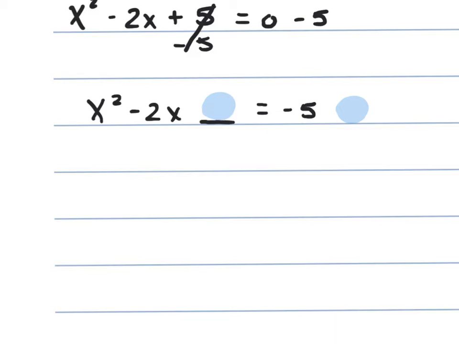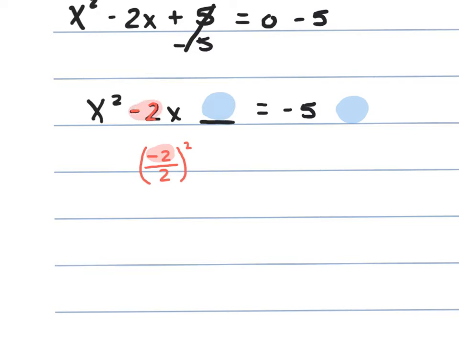Now to fix it, here's how I decide what that number is. This number in the middle, you're going to take half of that number and then square it. So watch what I do here. I take -2, and then I'm going to take half of that number, and then I'm going to square it. Every single time, whatever that number is, I'm going to take half of it and then square it every single time.